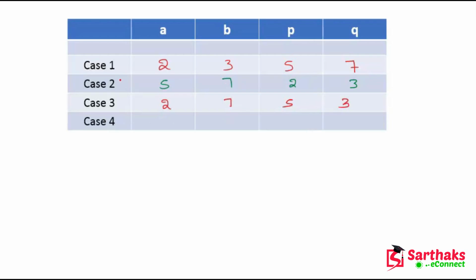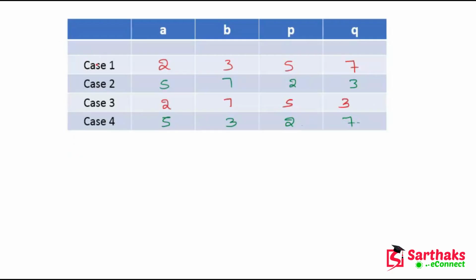Similarly, in the fourth case we keep the values of A and P from the second case the same, like this is 5 and 2, which is the same. We have to interchange the values of P and Q. So this is 3 and this is 7. So they are the four cases.